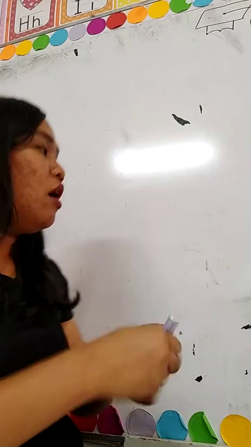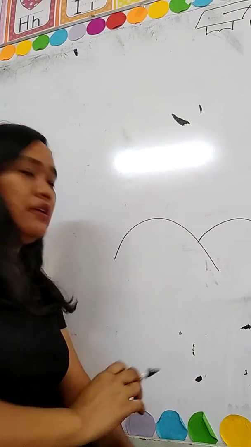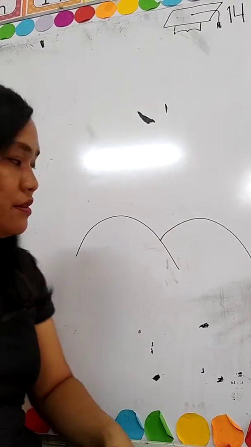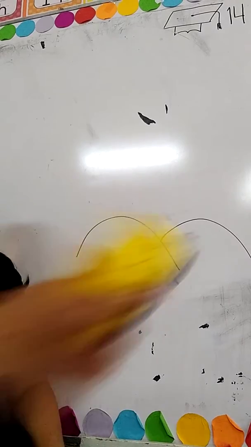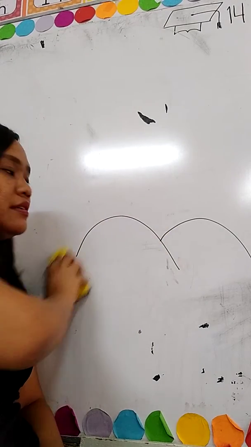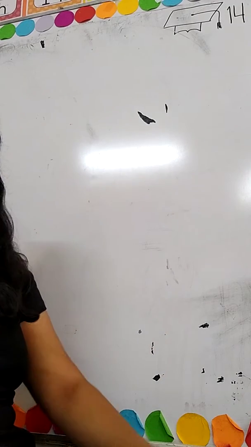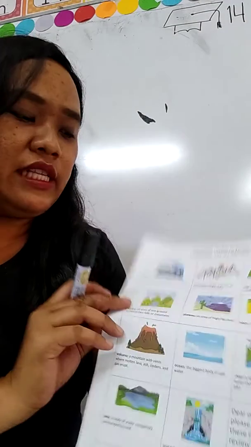So to draw, you can just go like that. I can accept that for a hill. Okay, as simple as that, that will be fine. It's a hill. Next, let's go to the next one. Okay, so let's move on.